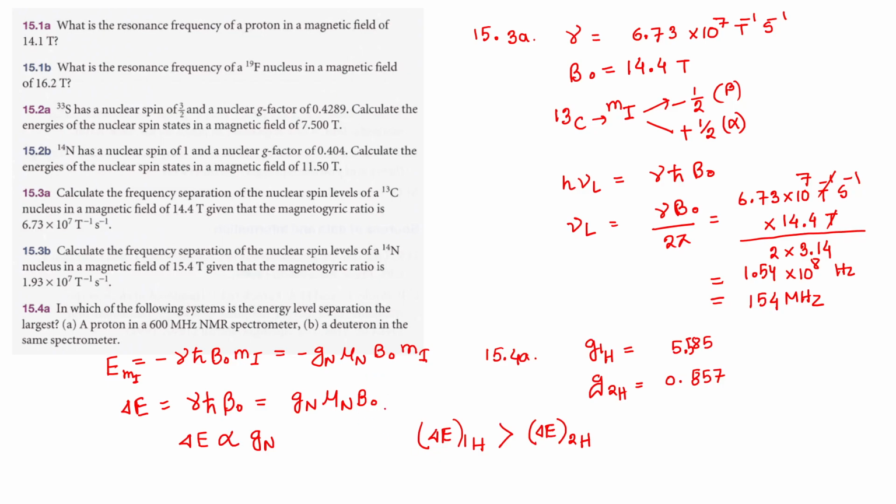And why have I taken B0 as constant? Because, as I told you, when we say that your Larmor frequency is 600 megahertz, that is actually defining your B0, which is constant for us. The NMR spectrometer is the same, they have mentioned the same spectrometer. So that is what is going to happen here.